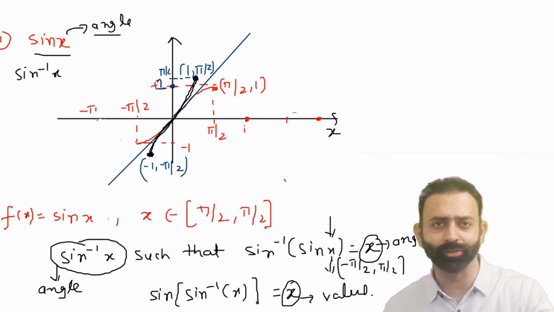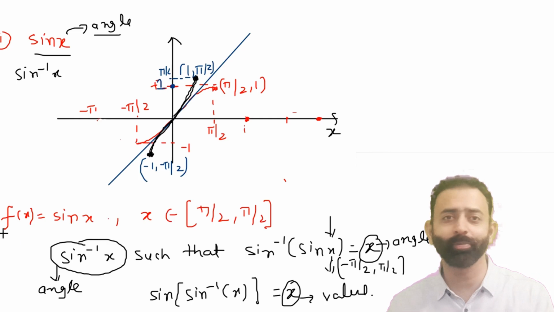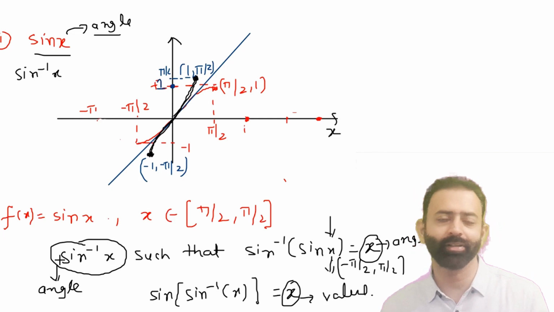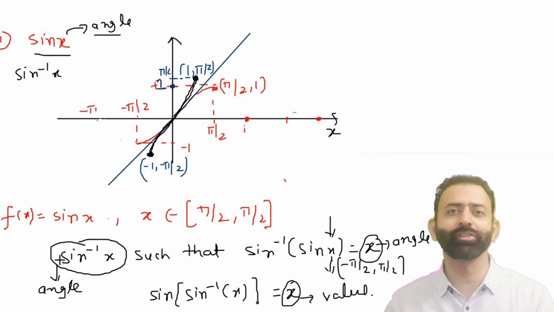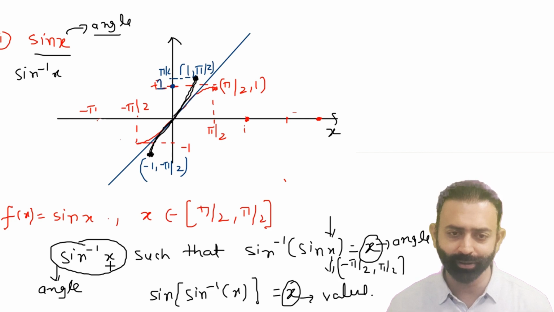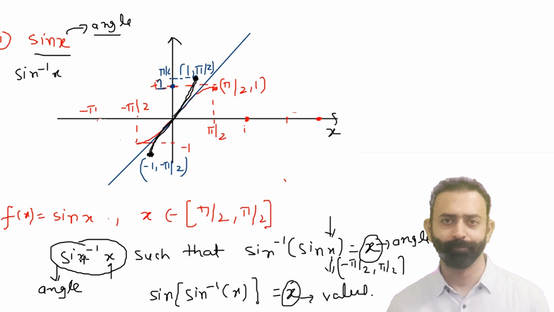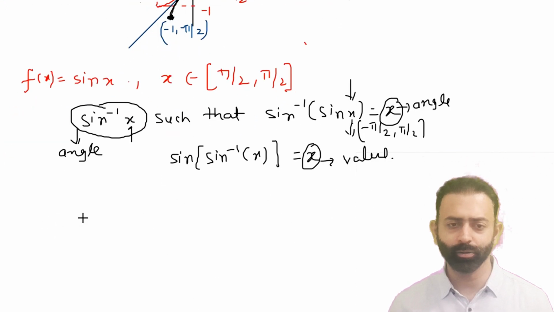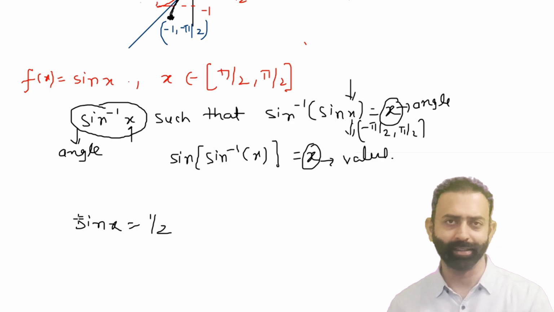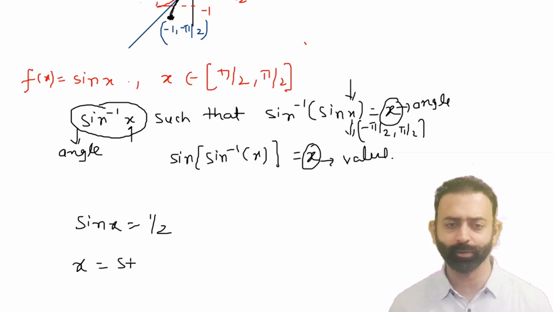When we do the inverse, the output will be the angle. So sine inverse x, which is your output, indicates an angle at which the value of sine is x. So this x is the value. For example, if I say I know the value of sine x is half, so what is x? We write this as x equals sine inverse half.